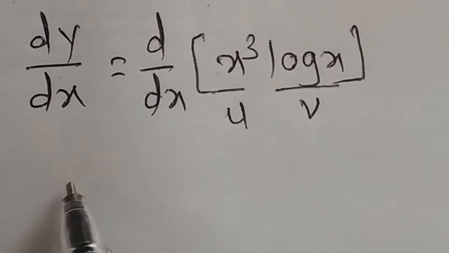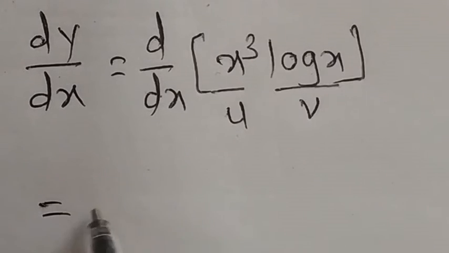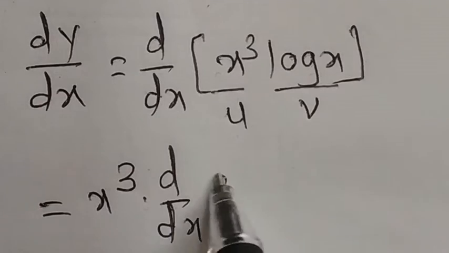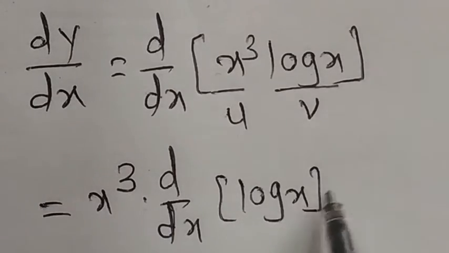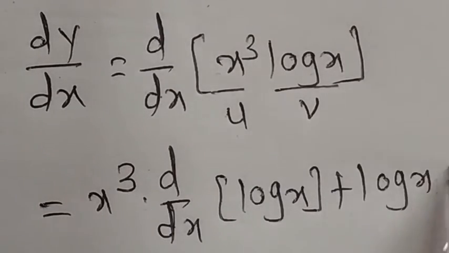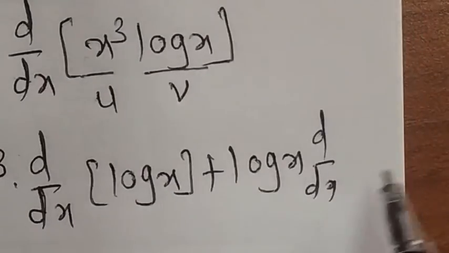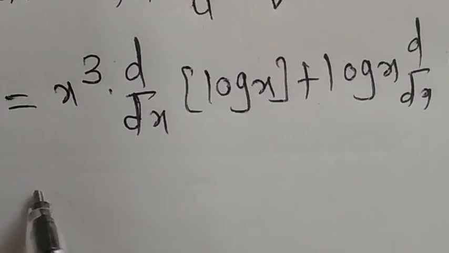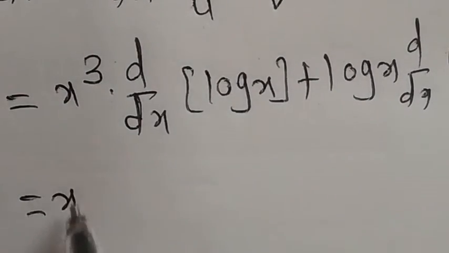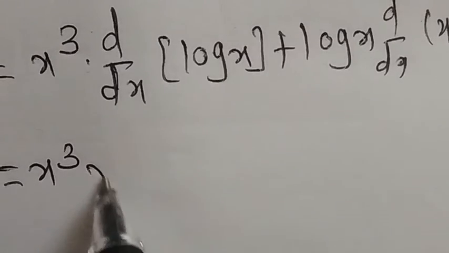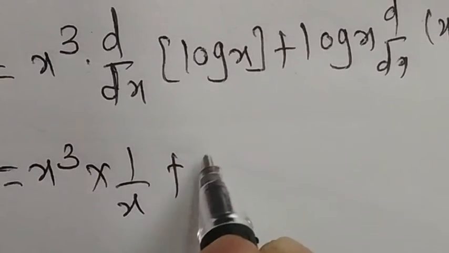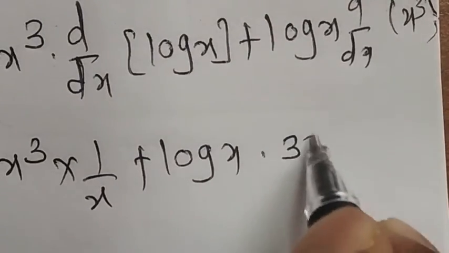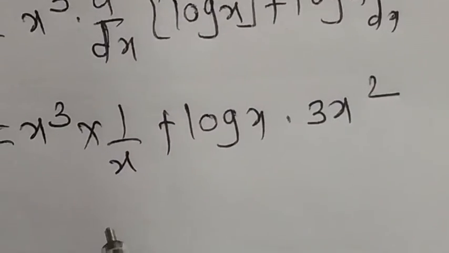That formula you can use: first function into derivative of second, then second function into derivative of first. Then you can find the values. x cube into the derivative of log of x, which equals 1 by x, plus log of x and the derivative of x cube, which equals 3x square, by the x to the power n formula.